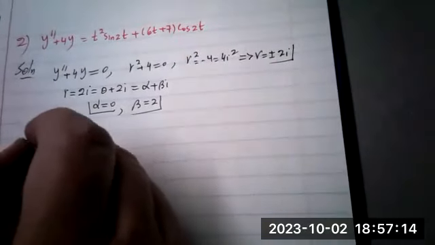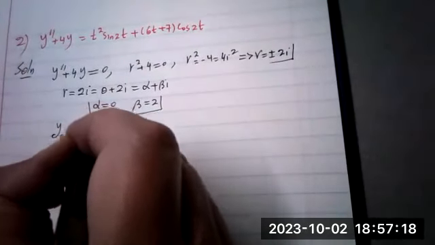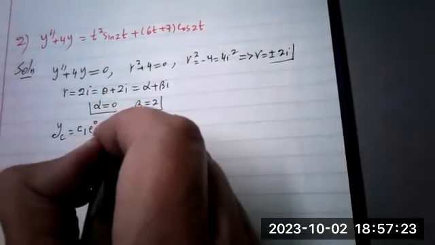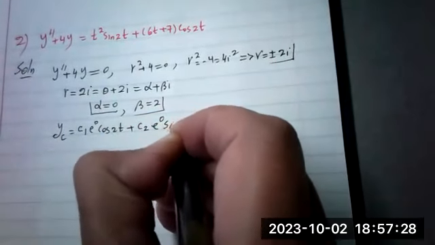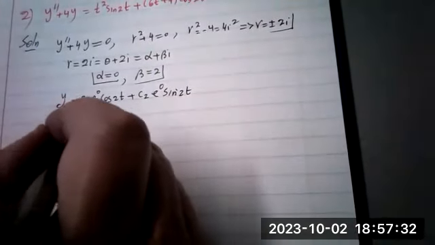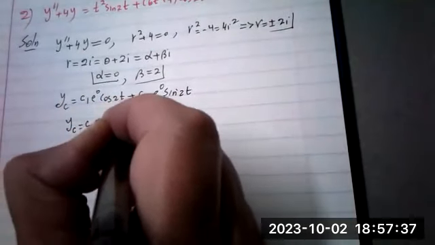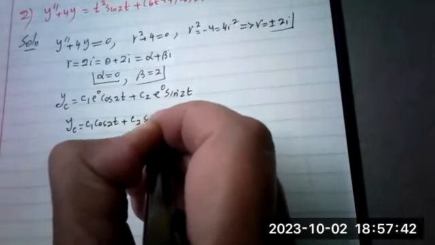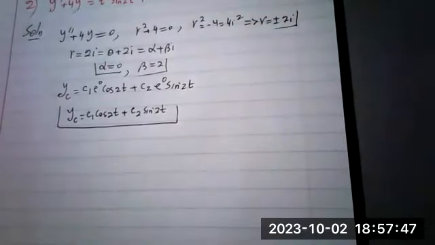So your solution for the yc is C1 e to the alpha t, cosine of beta t, in this case 2t, plus C2 e to the 0 sine of 2t. e to the 0 is 1. So the yc is equal to C1 cosine of 2t plus C2 sine of 2t. So this is what you get over here.